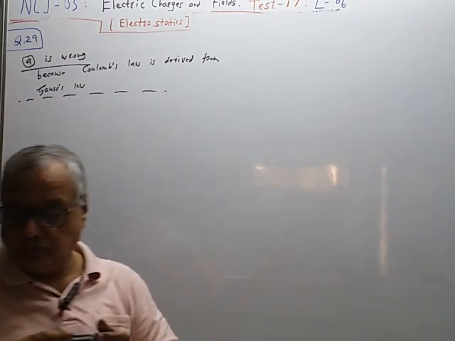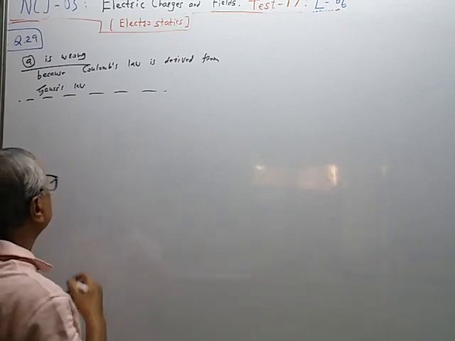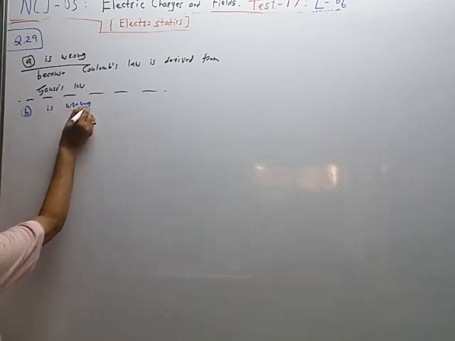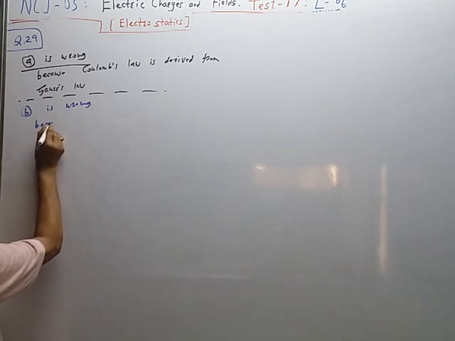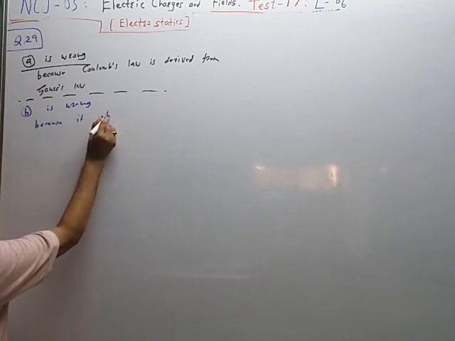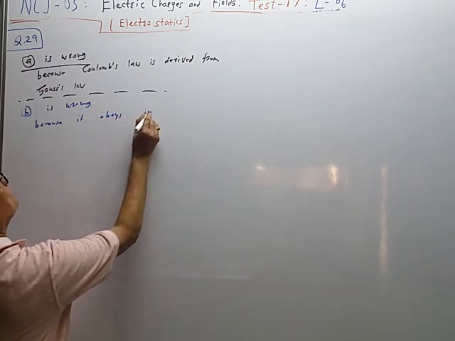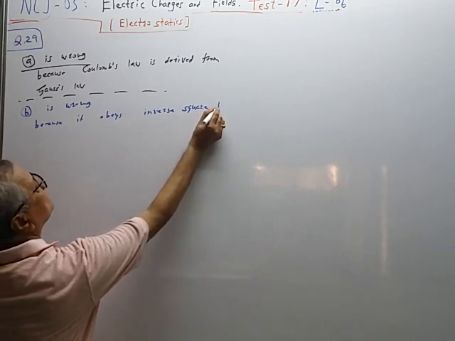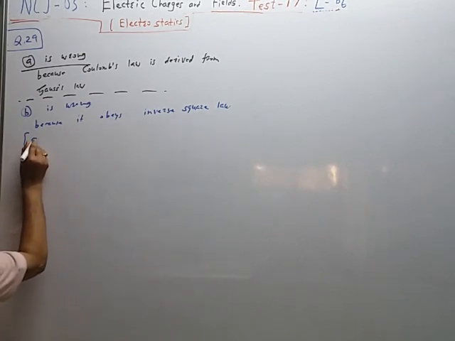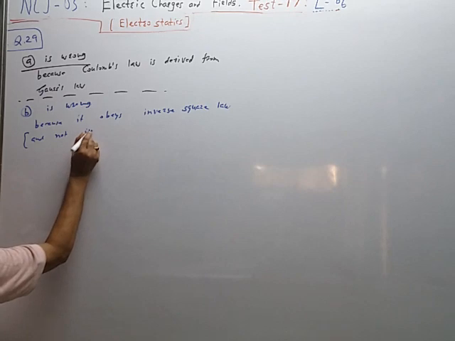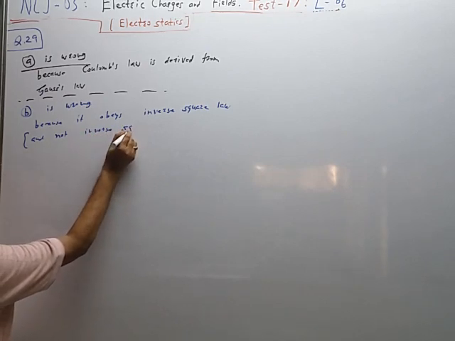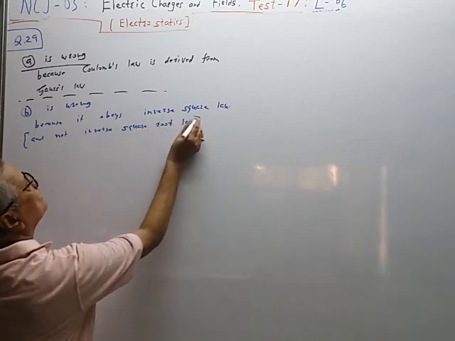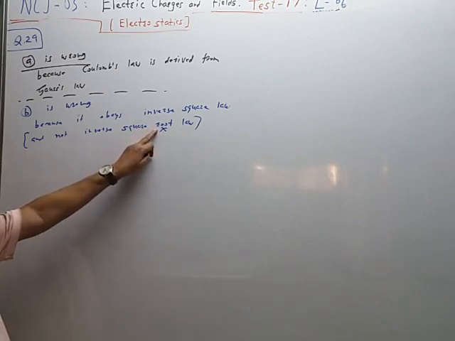Now B. B is wrong because it obeys inverse square law and not inverse square root law. So this is wrong.